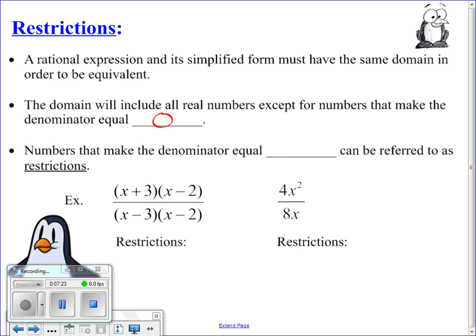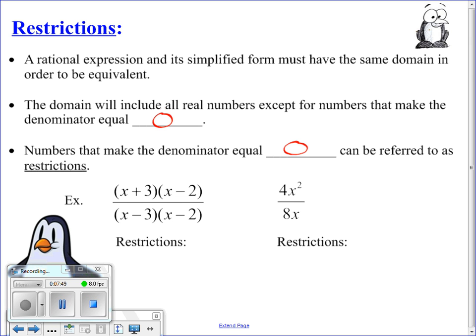We're going to get practice on looking at it: if I have a 0 in the bottom of my fraction, those are restrictions. When we get into solving, those become our extraneous solutions, answers that are no good. So numbers that make the denominator equal 0 can be referred to as restrictions. For example, let's go back to one of the problems we just looked at. This was the original form of it.